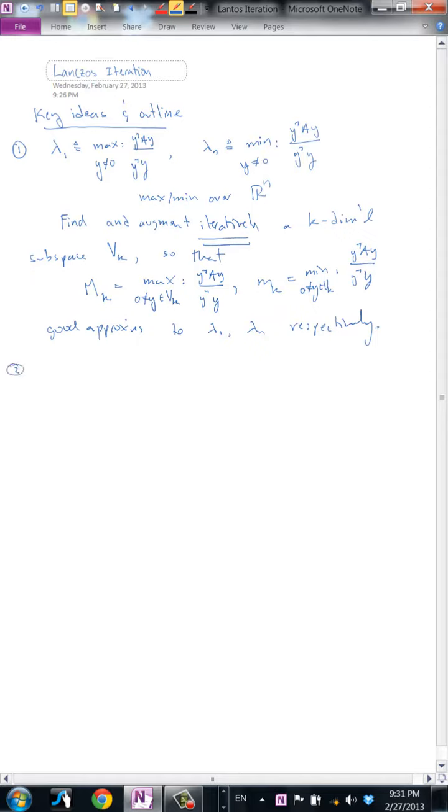We want to find subspaces and iteratively augment them. The second idea relates to Krylov. We will show that an excellent choice for Vk is indeed the Krylov subspace at level k, which is what we denoted previously by this, where q1 is some initialization vector.